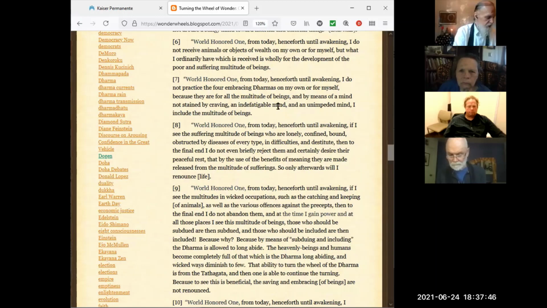Well, let's look at the other translations. Diana Paul says, without satiation. The Waymans say, never unsatisfied. And Chang is never weary. And then an unimpeded mind. It's interesting: Paul has without prejudice, Waymans have not retreating, and Chang has is free from hindrances.